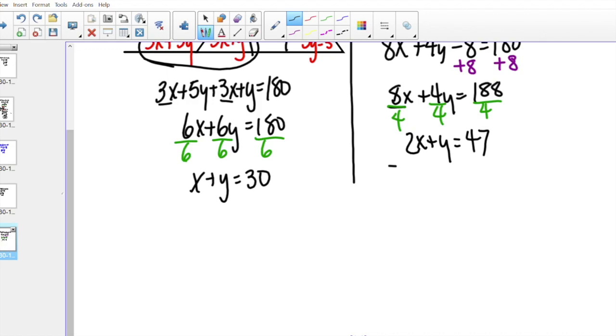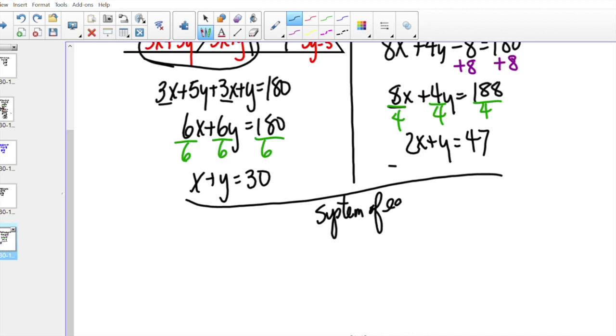Could you subtract 2x on each side and have y equals something? Well, eventually we're going to do that, but let's think a minute now. What do you call this type of math? A system of equations. Now, if you had a graphing calculator, you could find an answer. I have one for everybody in this class, but we're not going to pull them out.